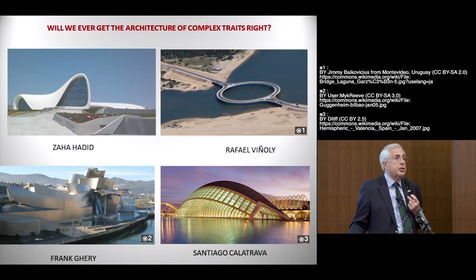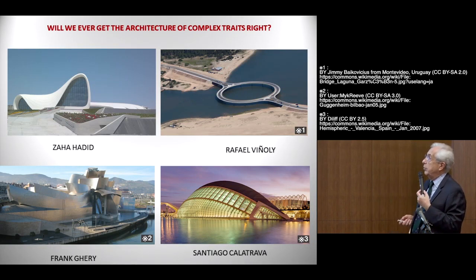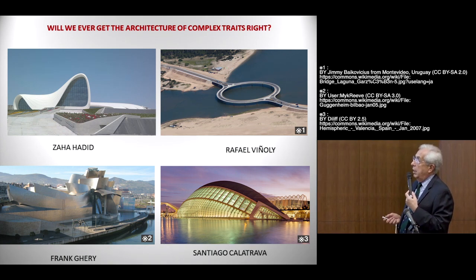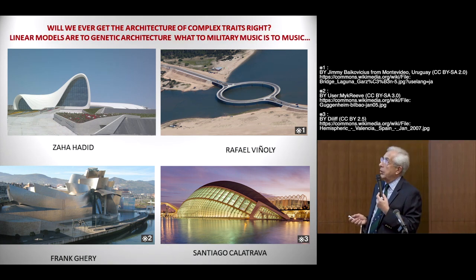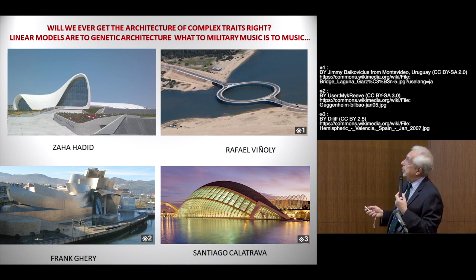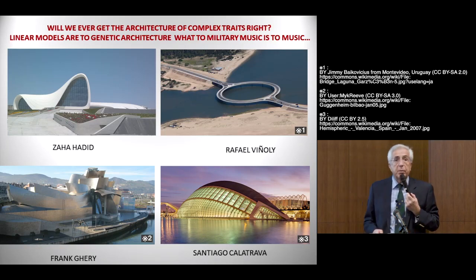So people talk about genetic architecture statistically. Well, these are some beautiful pieces of architecture. This is an Iraqi architect that did most of her career in London. This is an Uruguayan architect that constructed this bridge that is very beautiful when you look at it from an airplane.